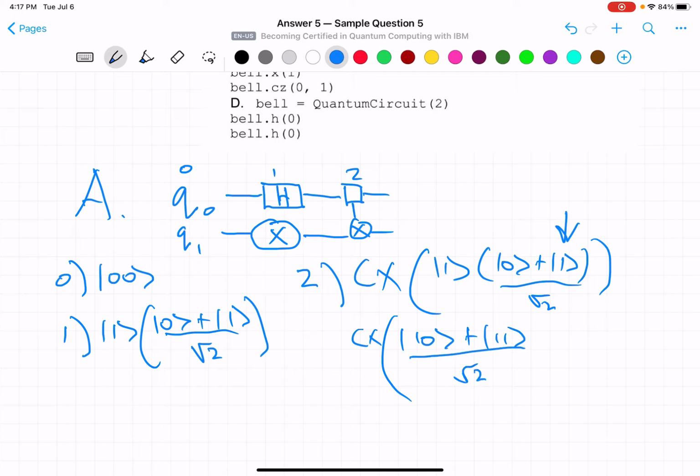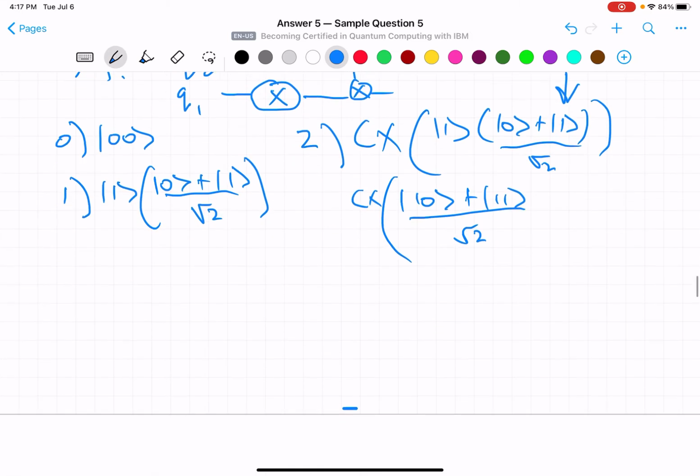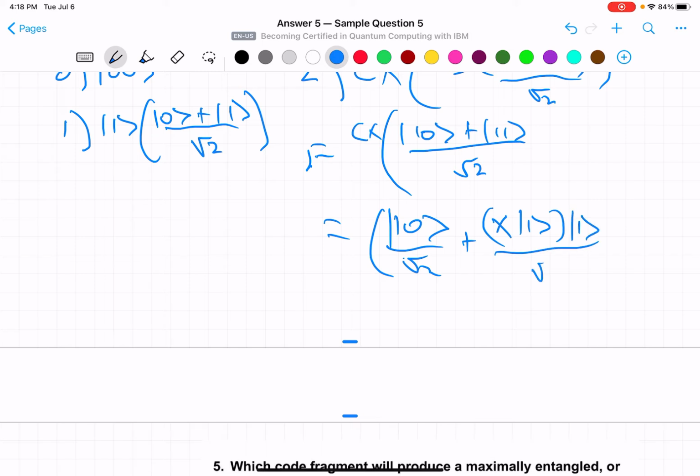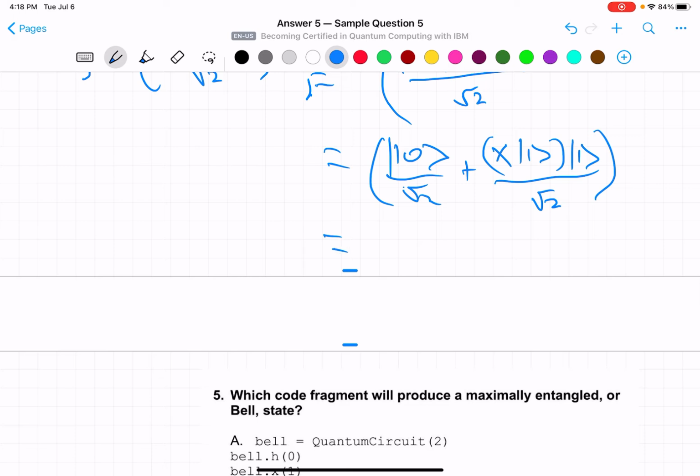And then now we can see that the NOT gate will only operate if Q0 is a 1. So we'll just say the X gate happened on Q1 since Q0 was a 1, and the NOT gate turns it to a 0.